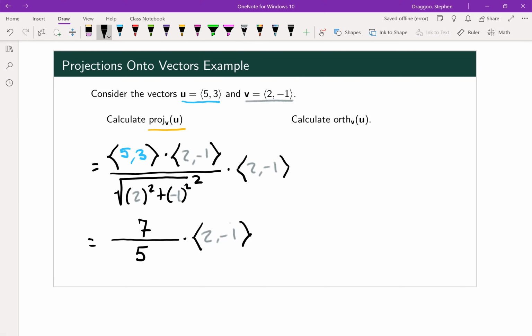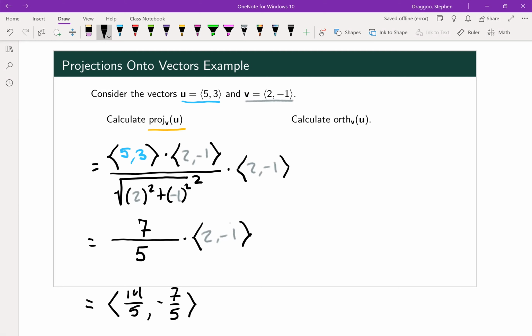So we can take one more step and multiply this together, which is a bit of an optional step, but I get 14 over 5 and -7 over 5. That is the entire projection of u onto v.